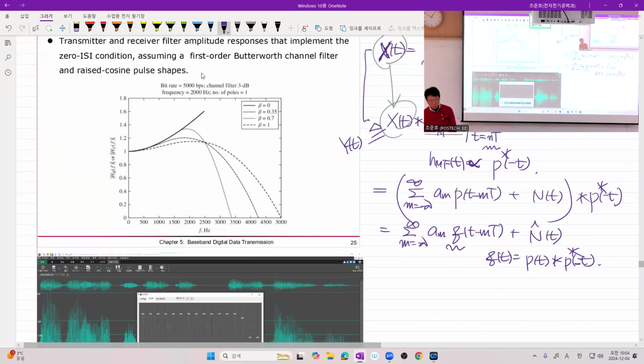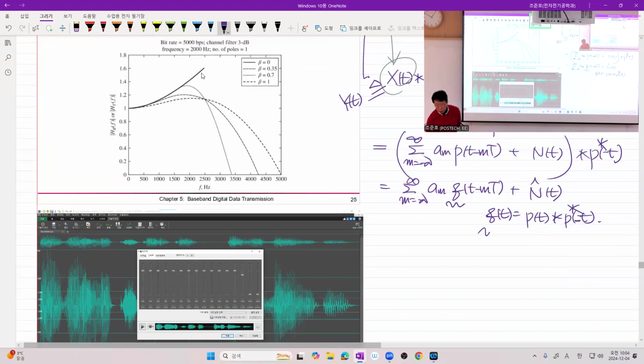So now let's go back to our discussion on Nyquist's criterion on zero ISI. Suppose Q of t is a Nyquist pulse for the symbol rate and offset pair, 1 over capital T and 0.